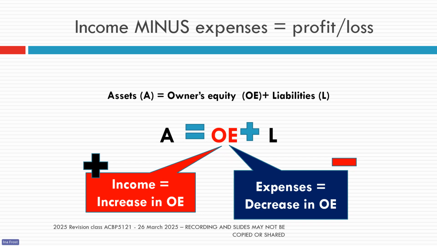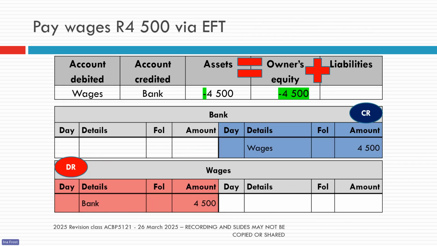Because remember again, profit is calculated as income minus expenses. So when I show the impact on the accounting equation, I'm showing the impact on the owner's equity. So even though the expense is increasing, the impact on owner's equity is that the owner is going to have less profits to take home because they had to pay wages of 4,500.